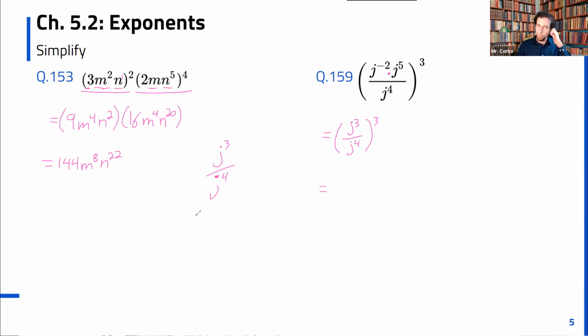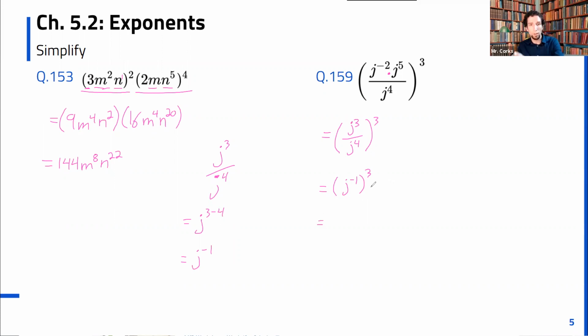We have the same base, j, but we have division here. So when we did it on the left side, we were multiplying the two, then we add the exponents. But if we are dividing, then we subtract the exponents. So it's j to the exponent 3 minus 4, and that turns into j to the exponent -1. So this simplifies here, j to the exponent -1 cubed.